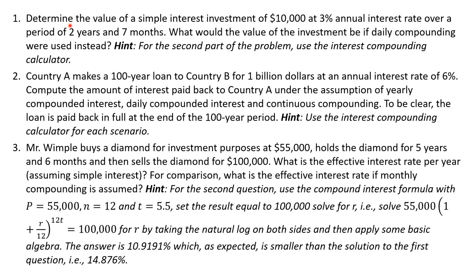The first one is: determine the value of a simple interest investment of $10,000 at a 3% annual interest rate over a period of 2 years and 7 months. And what would be the value of the investment if you had daily compounding instead?